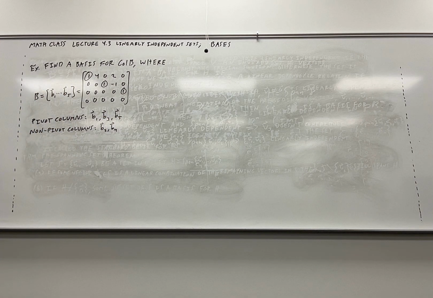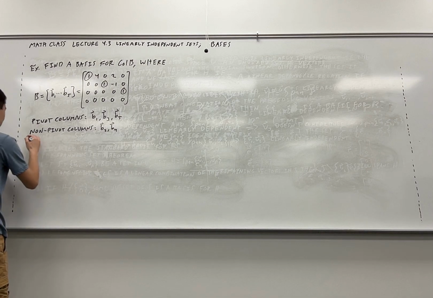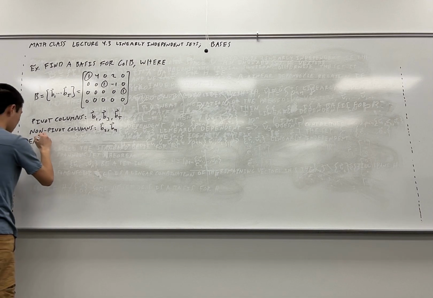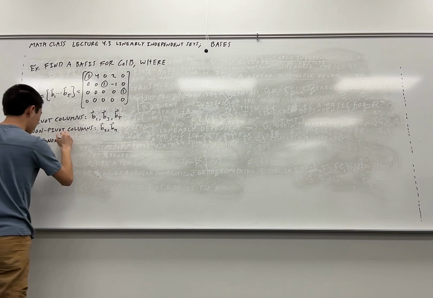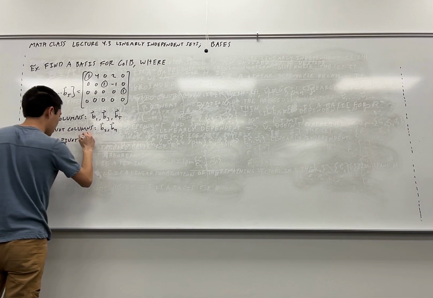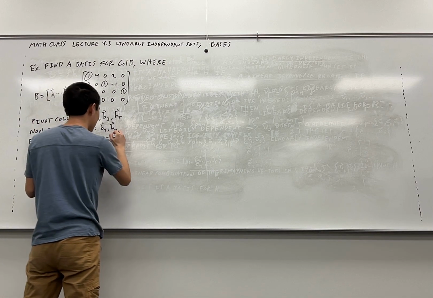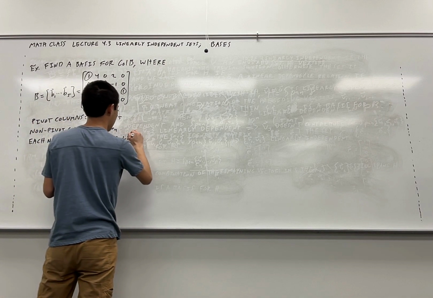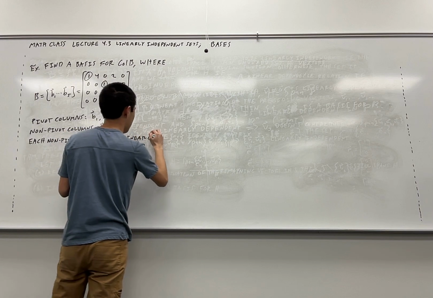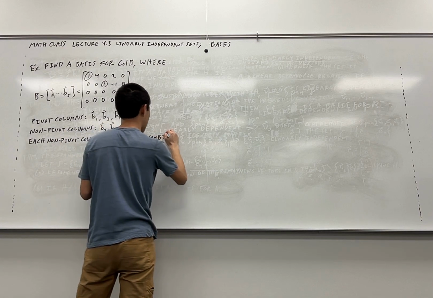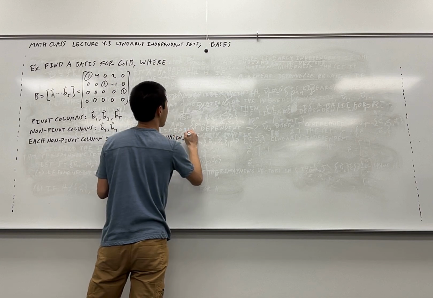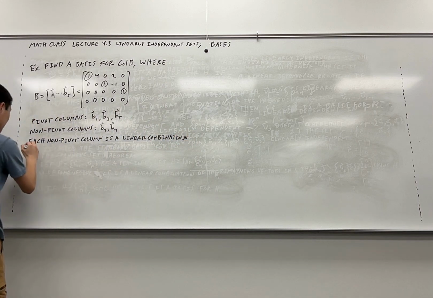Okay, so why am I talking about pivot columns specifically? What's so interesting about these pivots? Well, observe how each non-pivot column is a linear combination of the pivot columns.